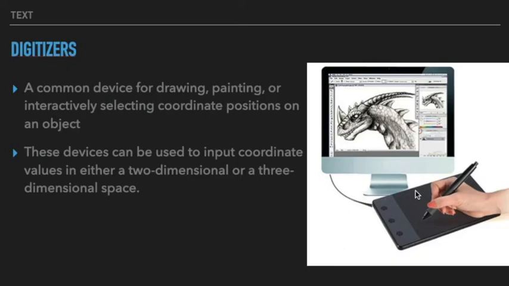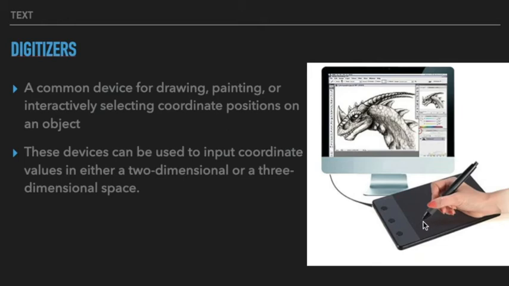This is one type of digitizer called graphic tablets, also referred to as a data tablet, and this is used to input two-dimensional coordinates by activating a hand cursor, or a stylus like this, a pencil shaped device called a stylus.